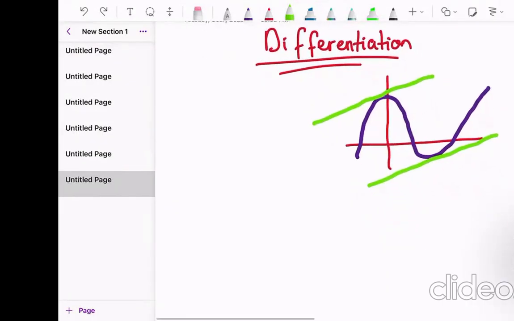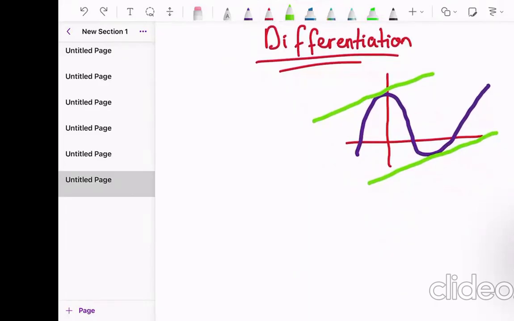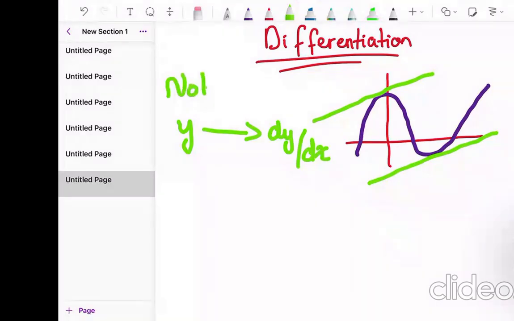Now, how do we find differentiation? Mostly you will get an equation like this: y. If we find the differentiation of y, it will become dy upon dx. That's the first important note in this topic.